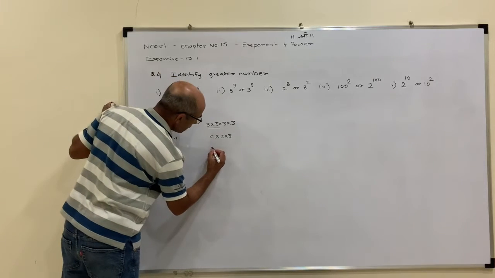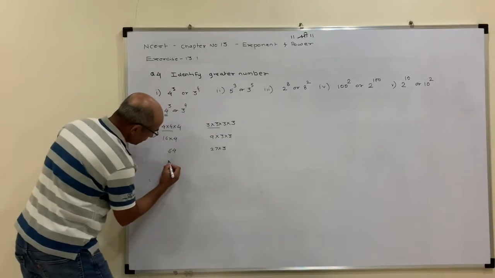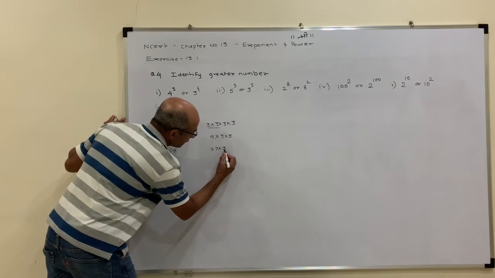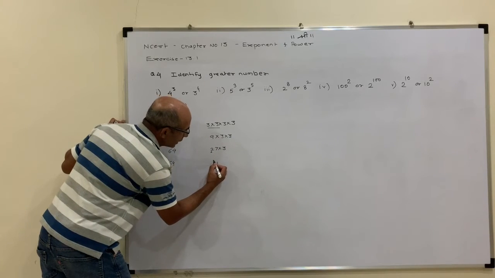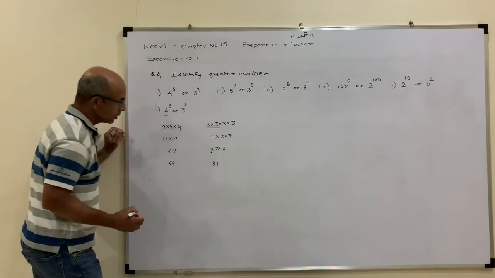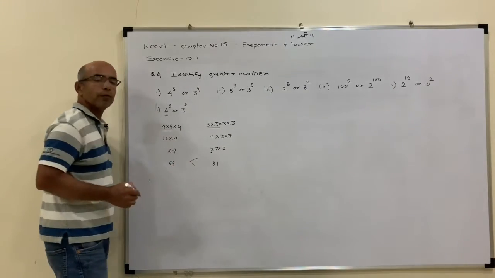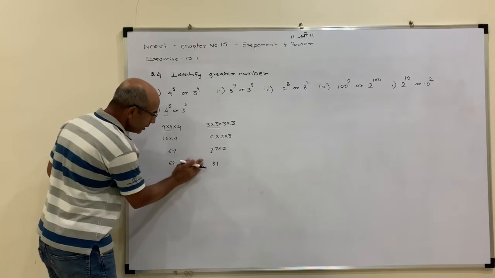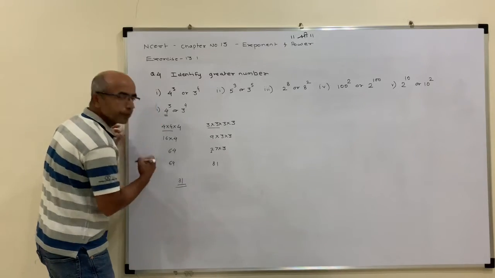Then 9 3s are 27 into 3. 7 3s are 21, 2 3s are 6 plus 2, 81. So you can see 64 is smaller than 81. So 81 is the greater number.